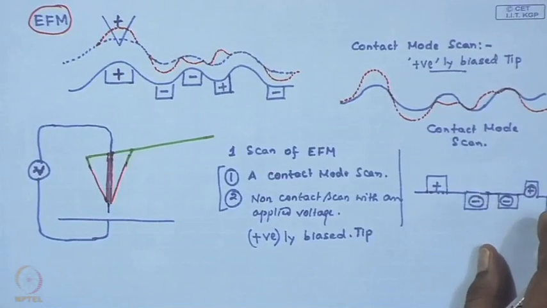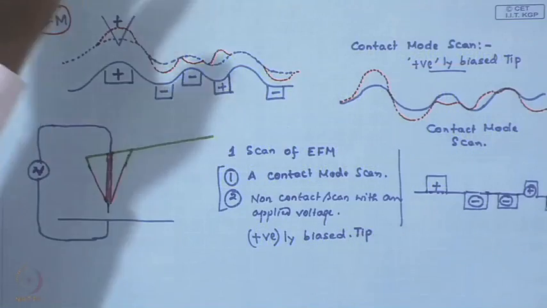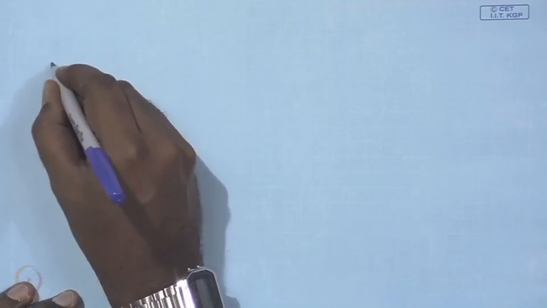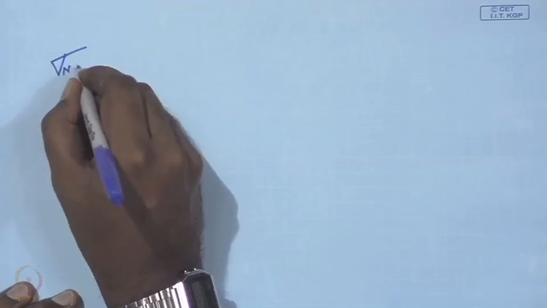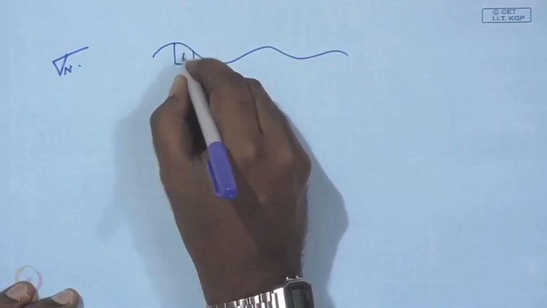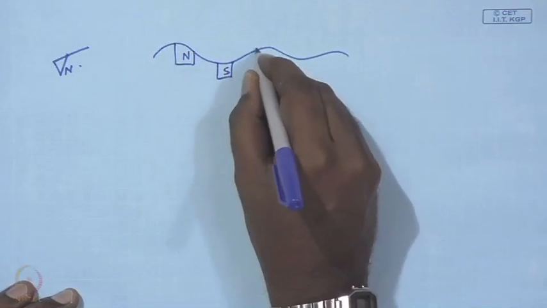And an MFM tip, of course, has to be coated with a ferromagnetic thin film. An image taken with a magnetic tip contains information about both topography and the magnetic properties of the surface. Exactly in the same way, one needs to know what type of tip one is using, whether it is N or S, and you might have a surface topography with different domains.